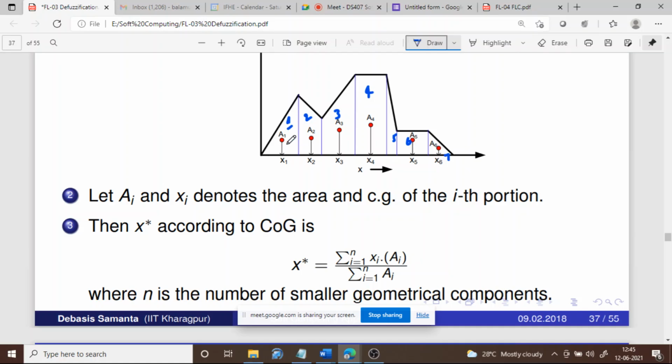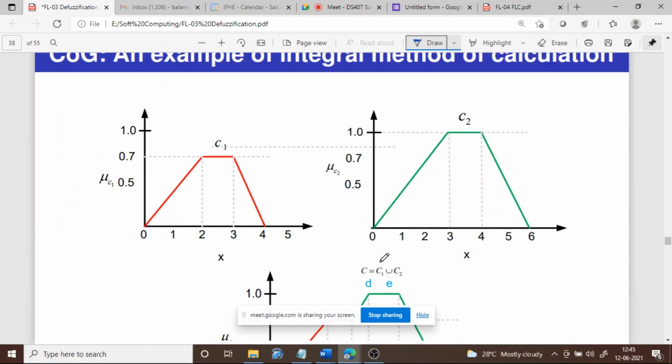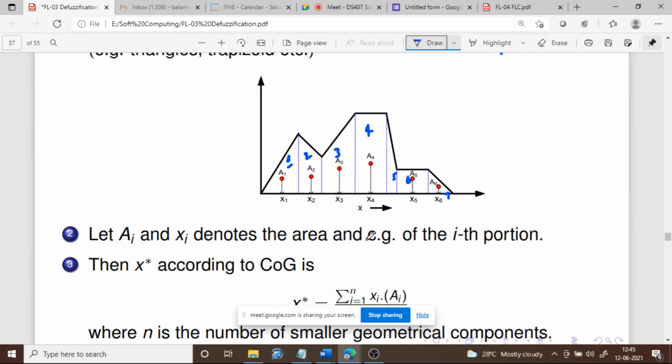For every area there will be a center of gravity, and for that center of gravity there will be an x associated with it. That is what xi says, and ai represents the area. So multiply xi with ai and divide by the sum of all areas. And it can also be done using the integral method.